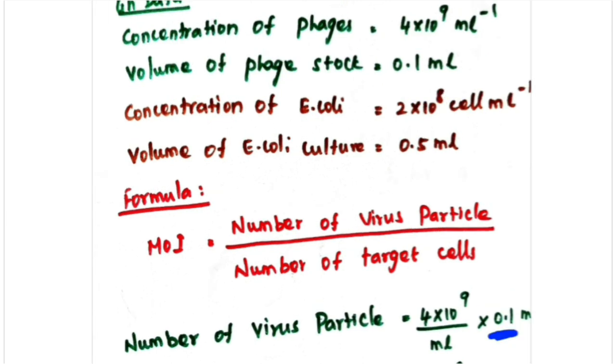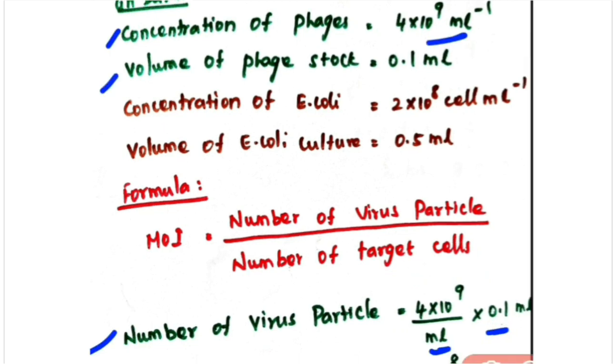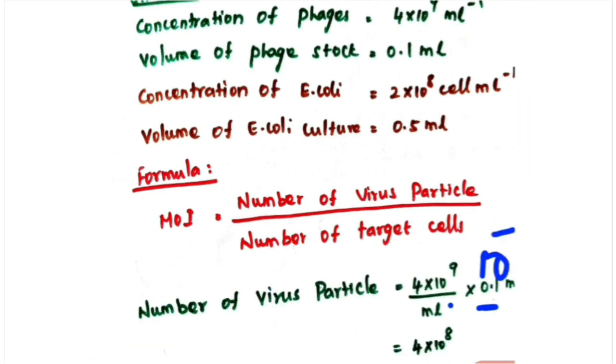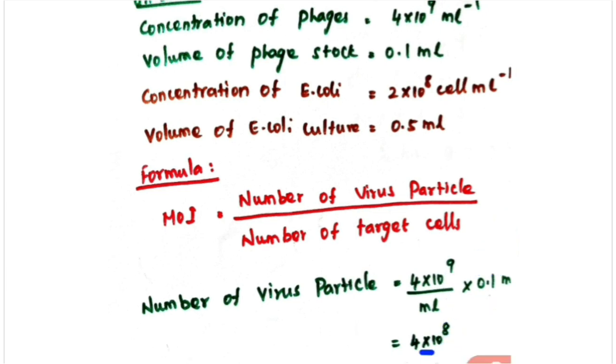For that we multiply 4 into 10 power 9 into 0.1 ml. The ml will cancel out. 0.1 you can write as 10 power minus 1, so 9 minus 1 gives 8. So the number of virus particles present in 0.1 ml is 4 into 10 power 8.